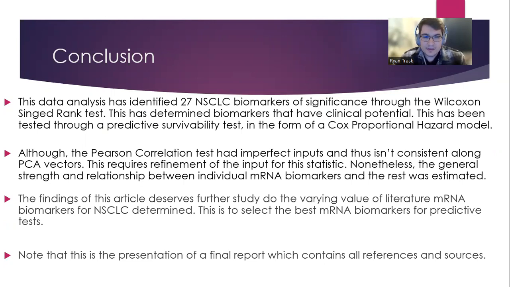And now at the end, I think these findings deserve further work. As you know, the Pearson correlation test needs more work, but also the Cox proportional hazard modeling actually worked as a survivability predictive test to some degree.